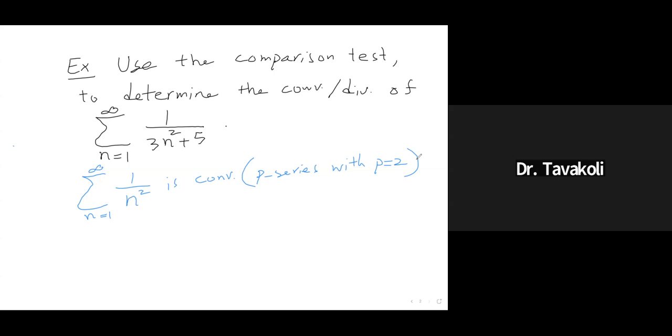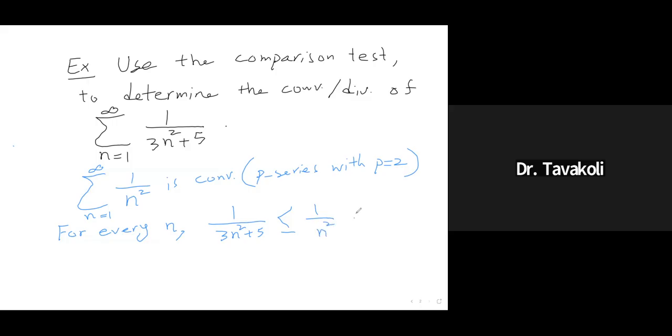Now, term by term, for every n, no matter what n is, 1 over 3n squared plus 5 is less than or equal to 1 over n squared. Why is it true?